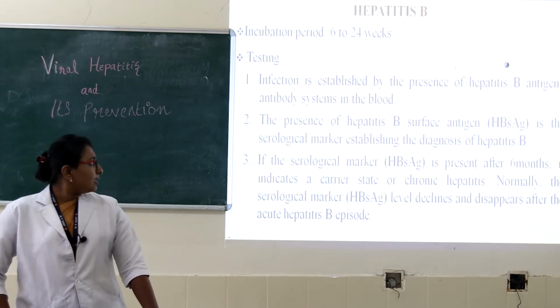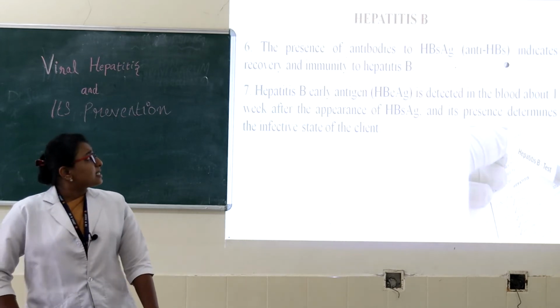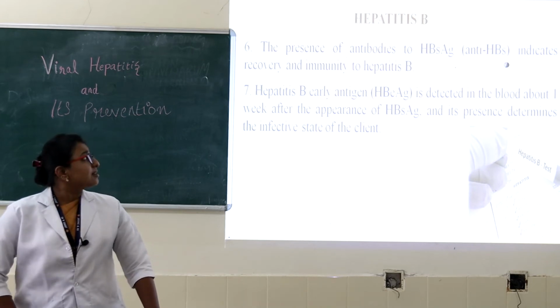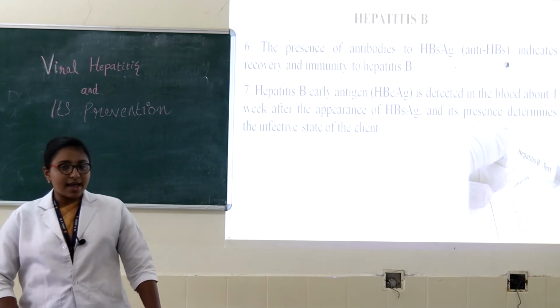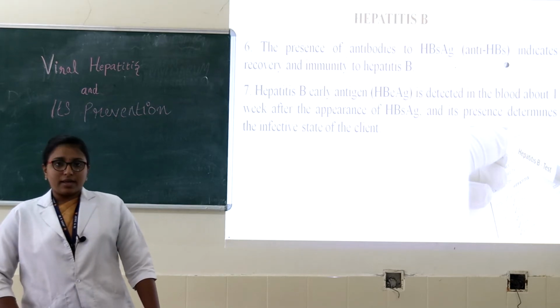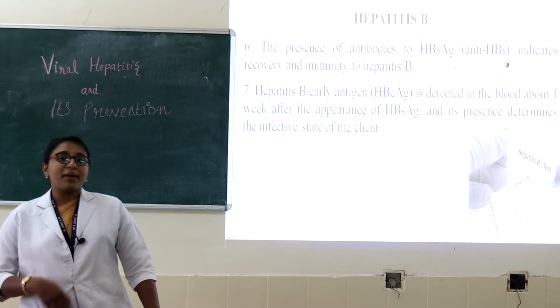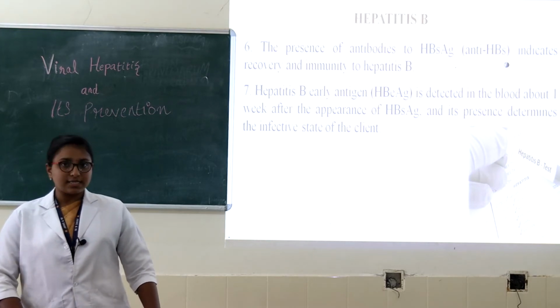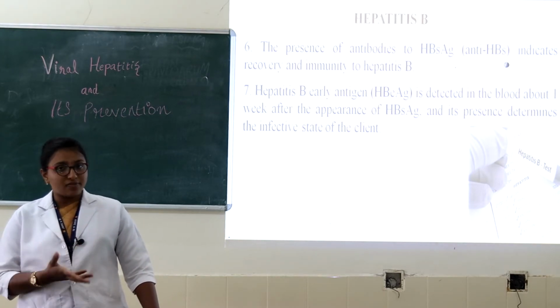And along with that, the presence of antibody against hepatitis surface antigen, anti-HBs, in the blood indicates the patient has immunity from hepatitis B or has recovered from hepatitis B infection.